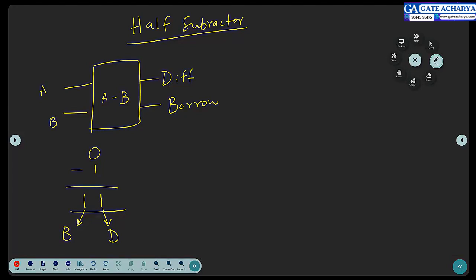Subtractor la difference nu solluvom, inga sum nu solluvom. 1 minus 1 is 0 then sir. 0 0. 1 minus 1. Sir, 1 1 minus 1.